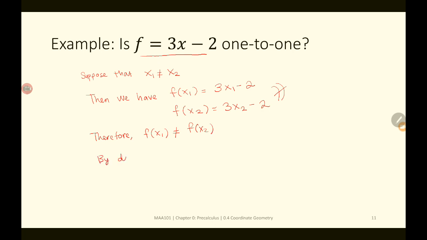By definition, f of x equals 3x minus 2 is 1-to-1.